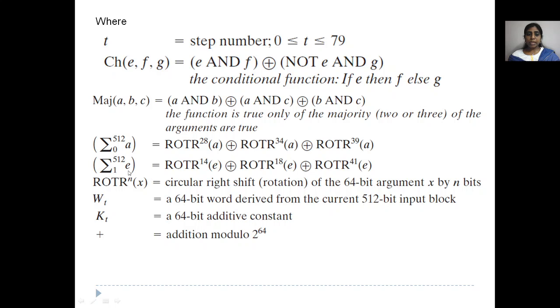Here also similarly E: circular right shift of E XORed with circular right shift of 18 of E and circular right shift of 41. Then WT is the word derived from the current 512 bits input and KT is the additive constant. The additive constants are the key constants that we have from 0 to 79. Then plus symbolizes addition modulo 2 to the 64.